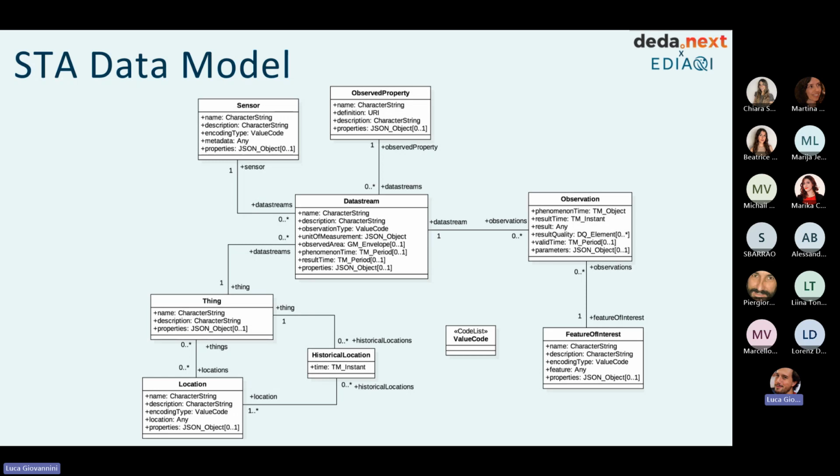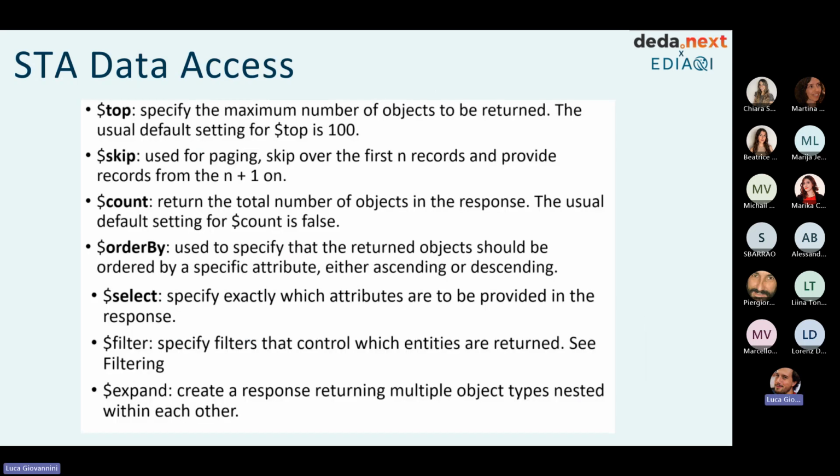So the first thing the standard prescribes is how to organize the information. Then it also prescribes how a service, a protocol, should be built to allow users to access data, both in reading and in writing, and what kind of queries can be done on the data, and with which syntax.